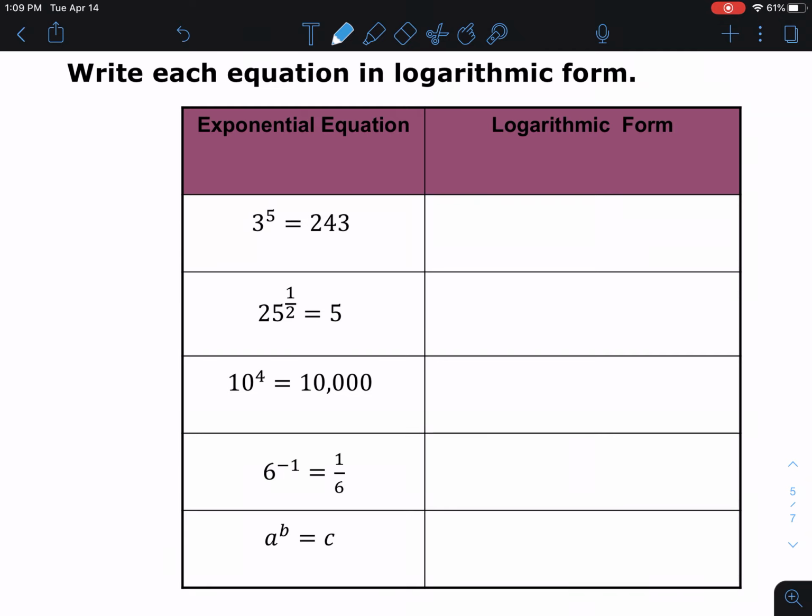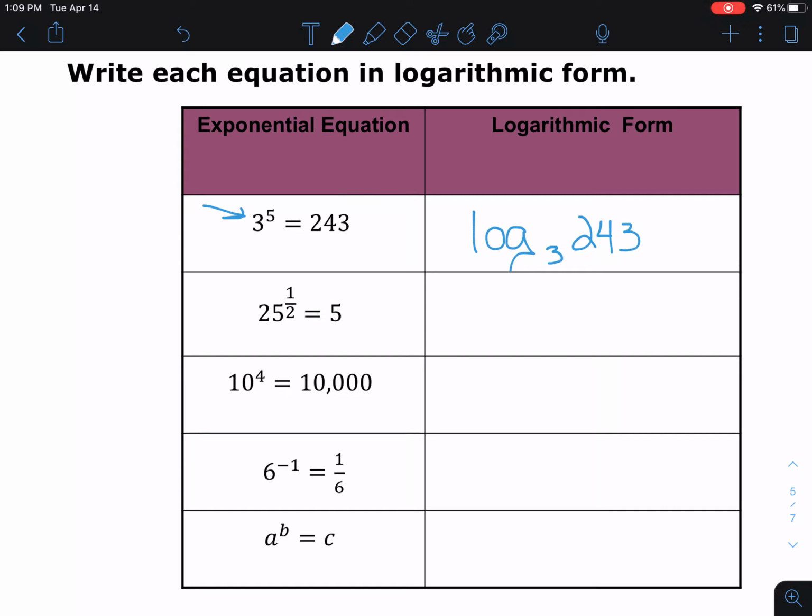Okay, so writing in logarithmic form. So it says 3 to the 5th power equals 243. So remember, our base here is 3. So I'm going to write log. Now my base is 3. It will be my base over here a little bit lower. So 3. And then what it equals in the exponential equation, 243, should go right here.